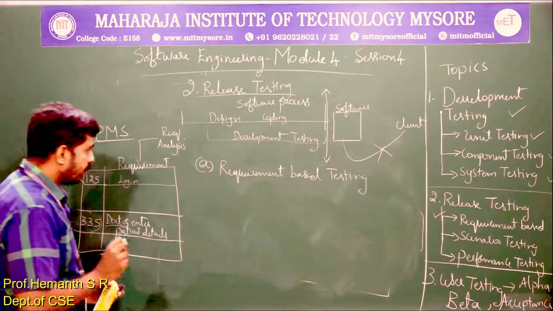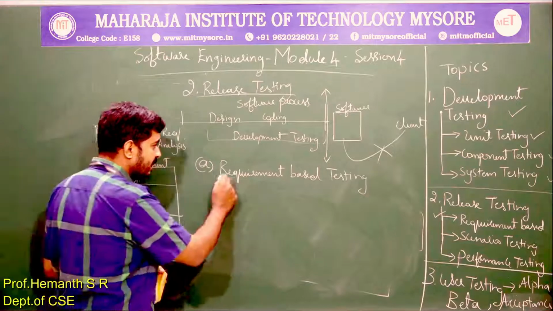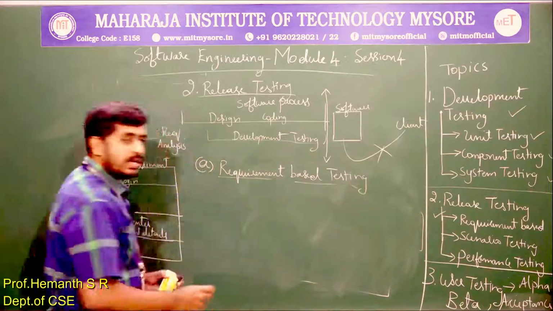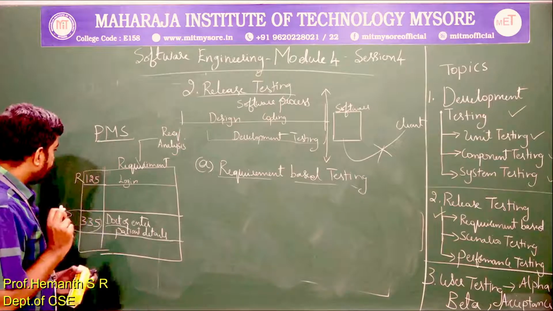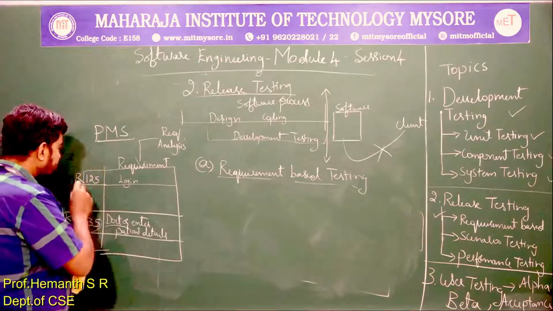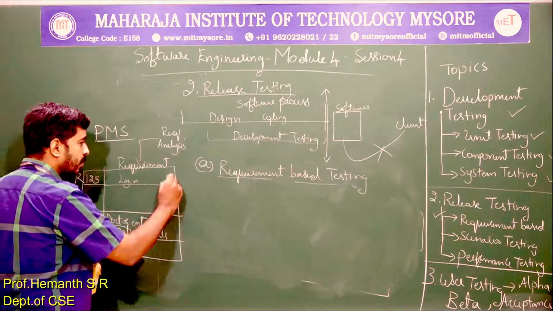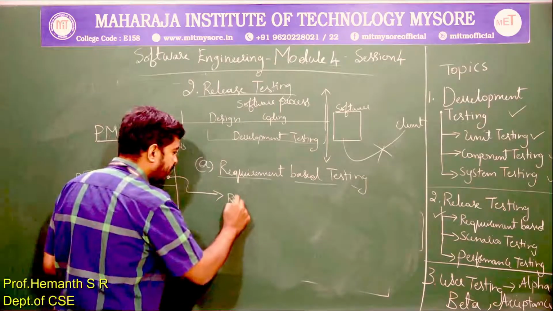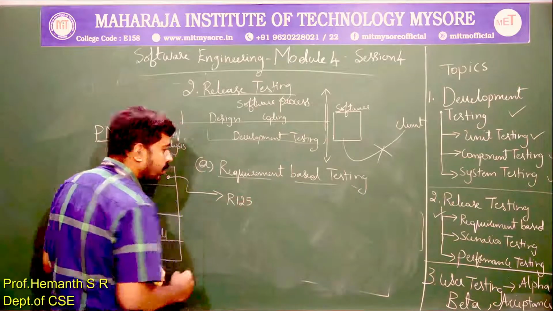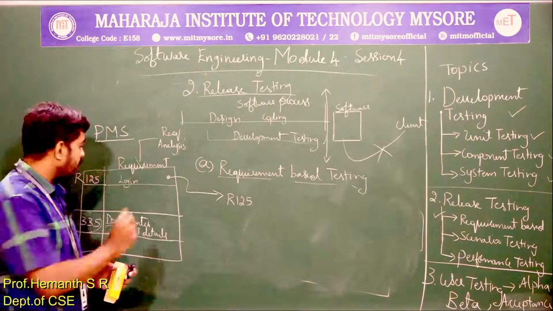Now, what is requirement based testing? So how is testing done here? Now what happens here is each and every requirement will be taken. For example, I will take this requirement number 125. What is this requirement talking about?